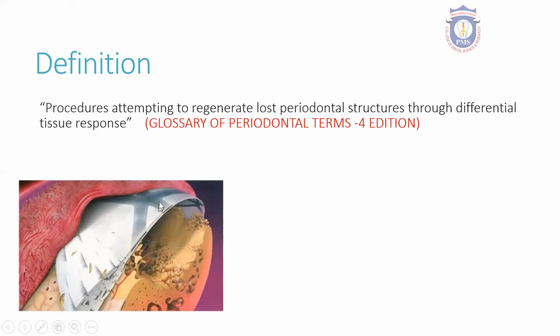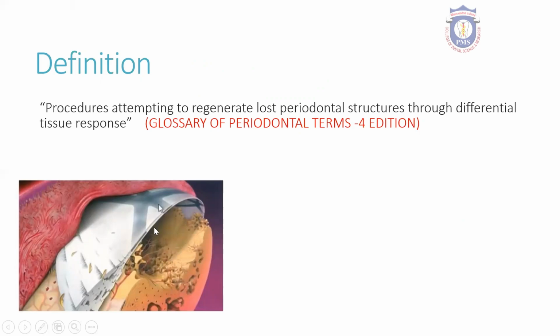So in this image, you can see a guided tissue membrane is placed between the epithelial cells and the bone defect. And this guided tissue membrane or GTR membrane will prevent the epithelial cells and the connective tissue cells from migrating into this area, while it allows only the periodontal ligament cells and the bone cells to repopulate in this area.